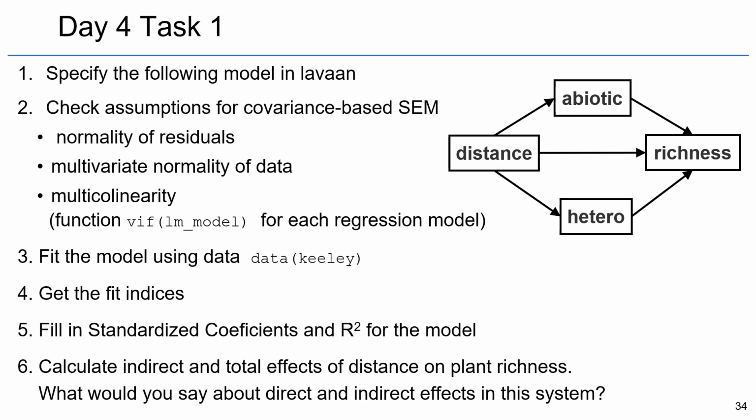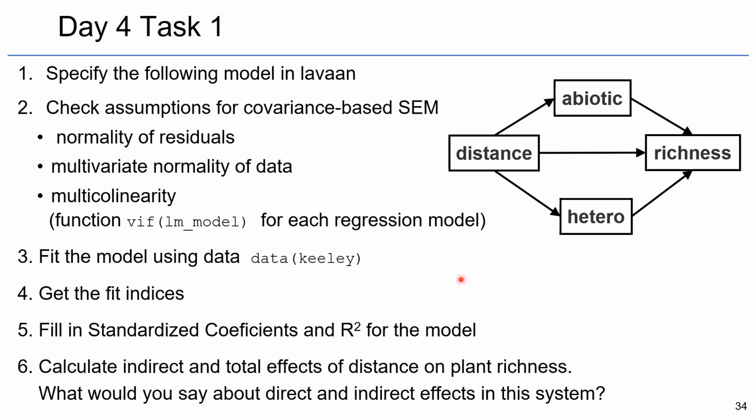Your tasks are, first, to specify this model in lavaan, and second, to check the assumptions for the covariance-based SEM. So check the normality of residuals, the multivariate normality of the data, and the multicollinearity using the function VIF for linear regression models for each response variable.